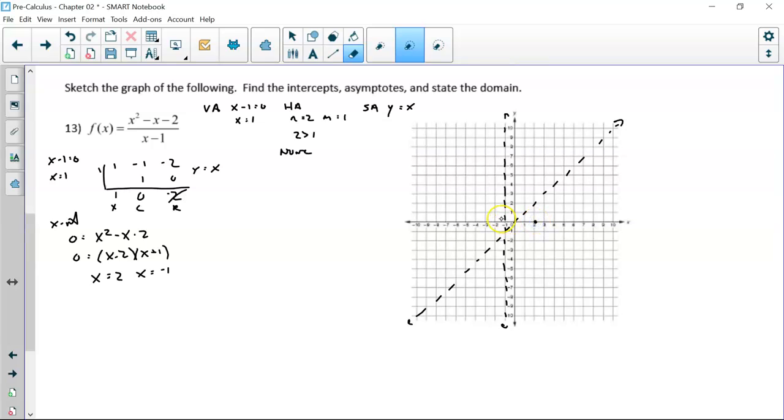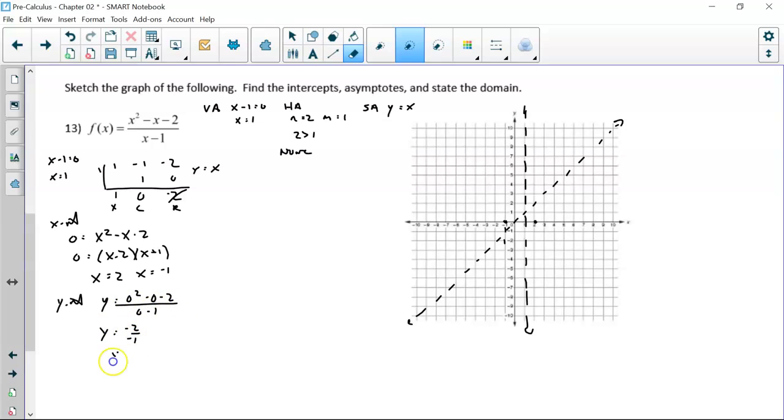Oh, I'm sorry. My vertical asymptote, I wrote in the wrong spot. It's x equals 1. I put it at negative 1 by accident. That's why it looked weird. Now my y-intercept: y equals 0 squared minus 0 minus 2 over 0 minus 1. So y equals negative 2 over negative 1, y equals 2.